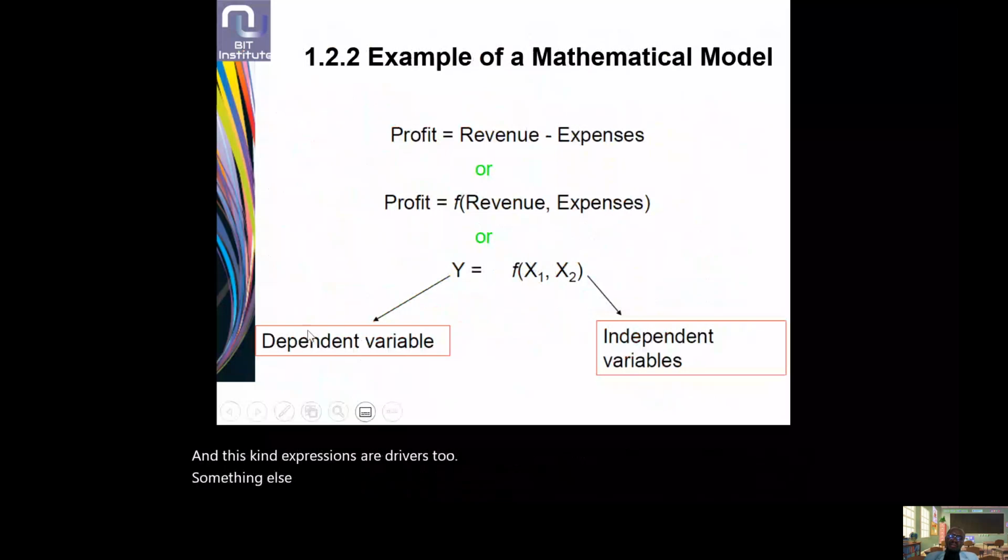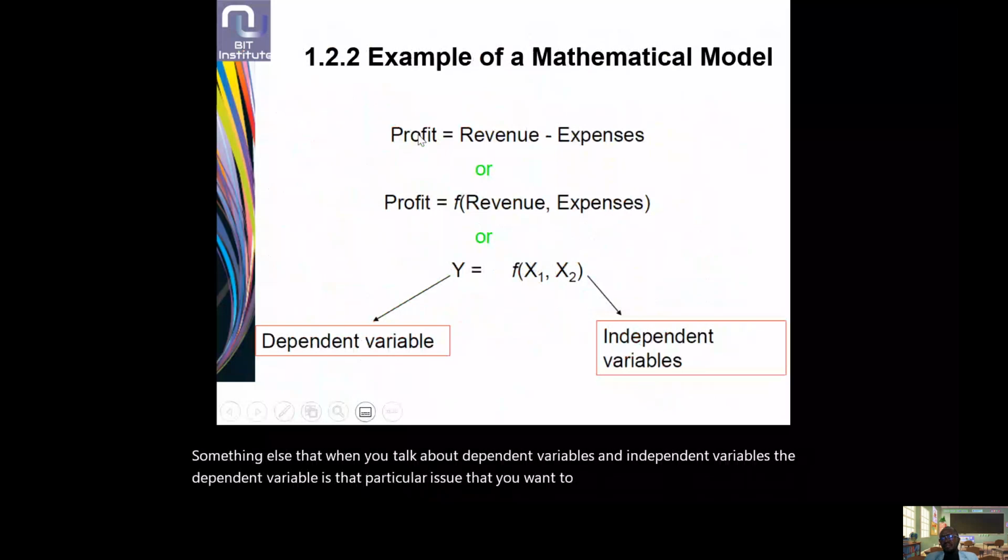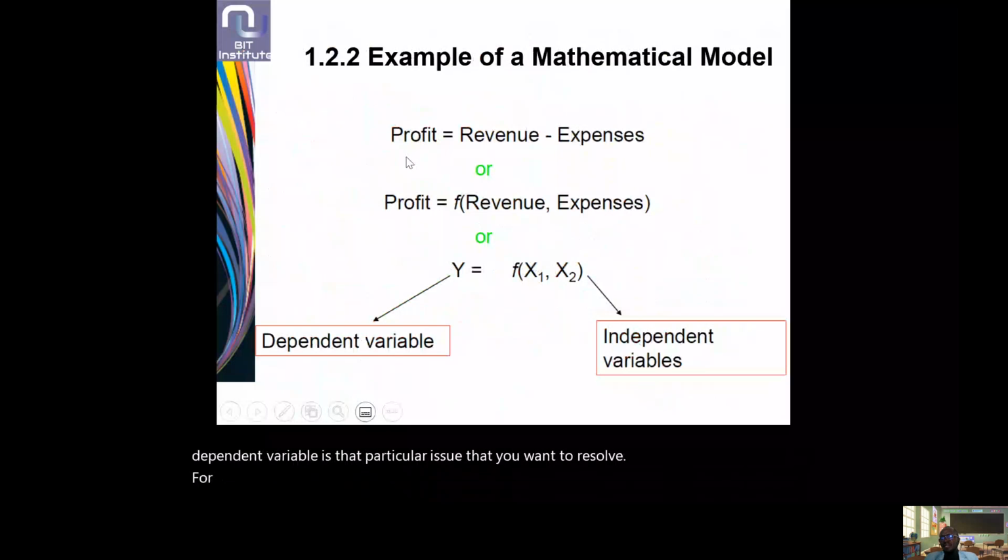When you talk about dependent variables and independent variables, the dependent variable is that particular issue that you want to resolve. For instance, commercial organizations are interested in profit, and they want to be able to determine profit after a certain period of time.